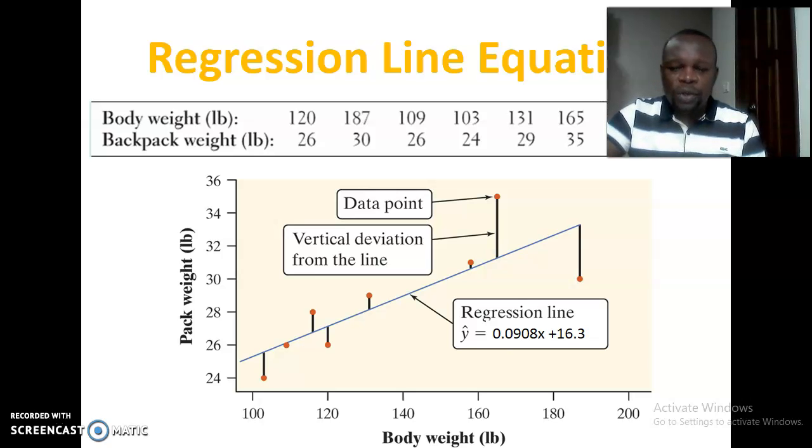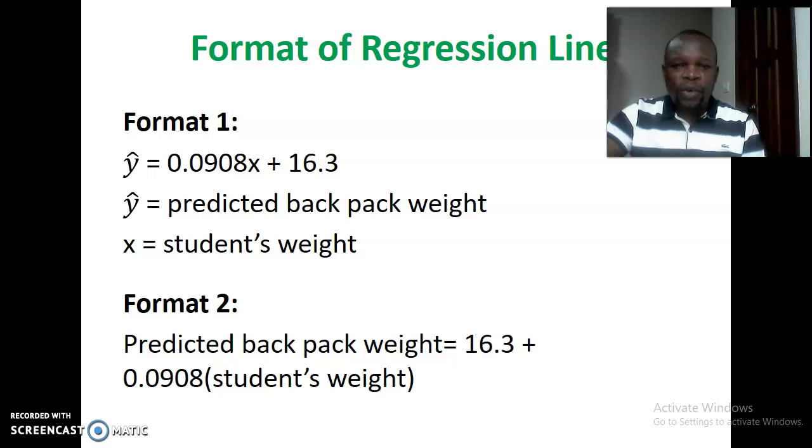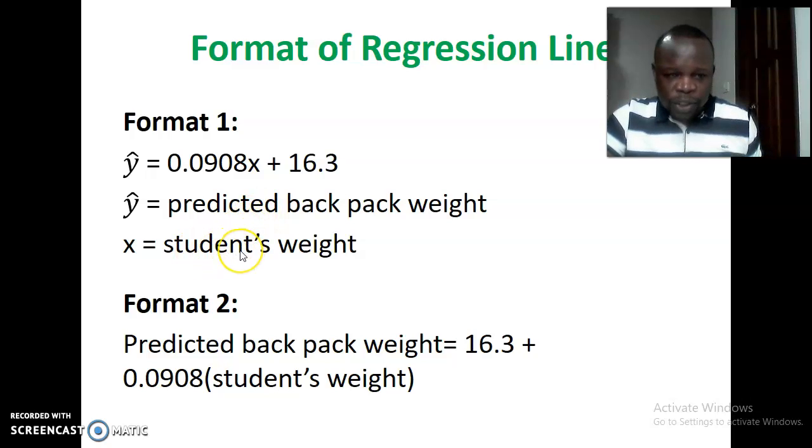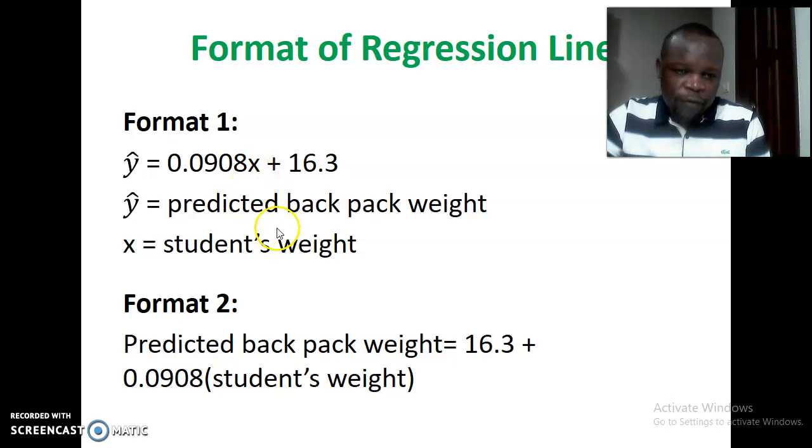The only thing you need to remember is when you're writing the equation, you have to define what y hat is and also what x represents. You'll be graded wrong if you do not define that. So you have an option of either writing it in terms of y hat or replacing it with predicted backpack weight in that position.